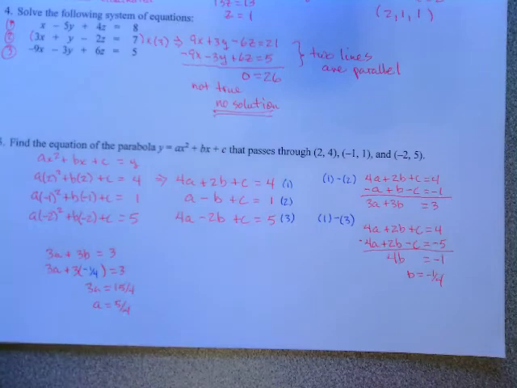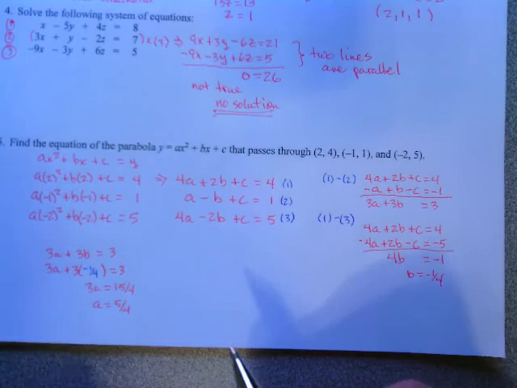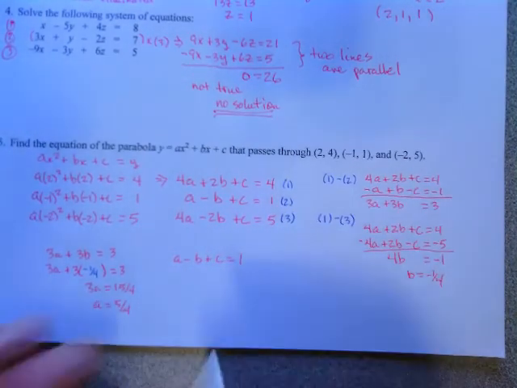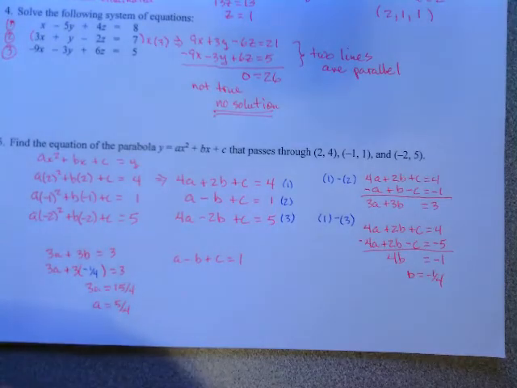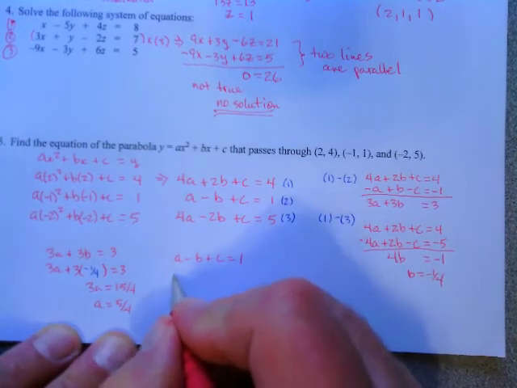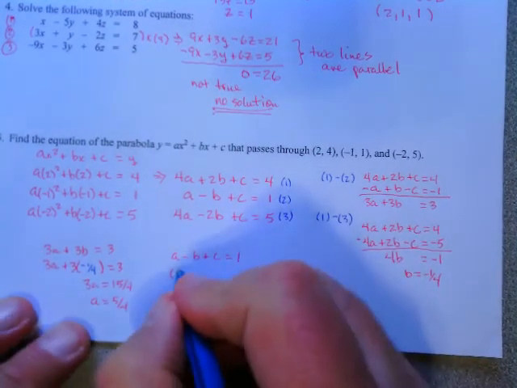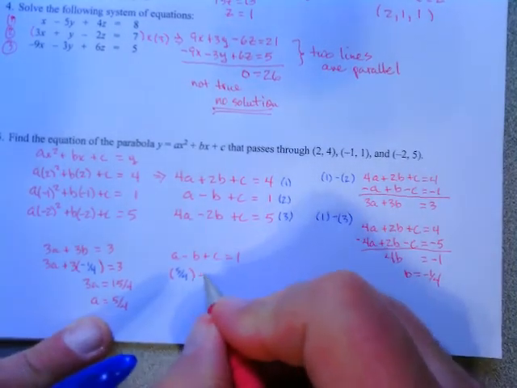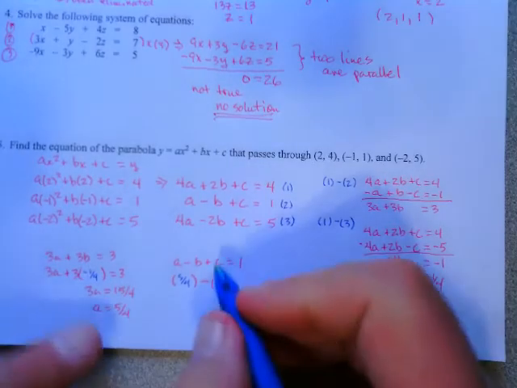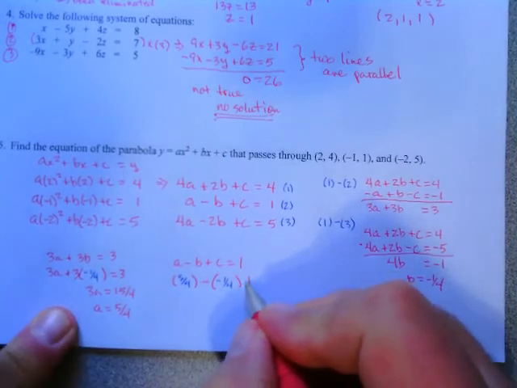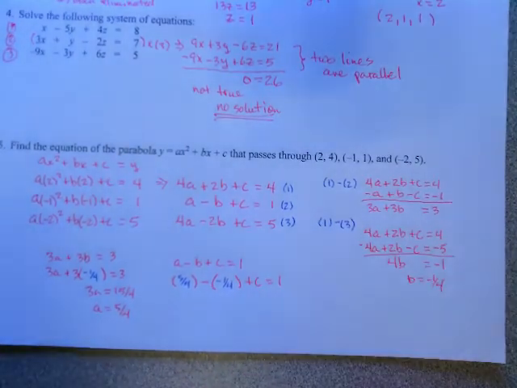And now that I have that, I can go back to equation 2. Equation 2 had a minus b plus c equals 1. I could have gone back to any of them, but I chose that one just because I don't have any coefficients to worry about. So I'm going to have 5/4 and then the -1/4 plus c equals 1.